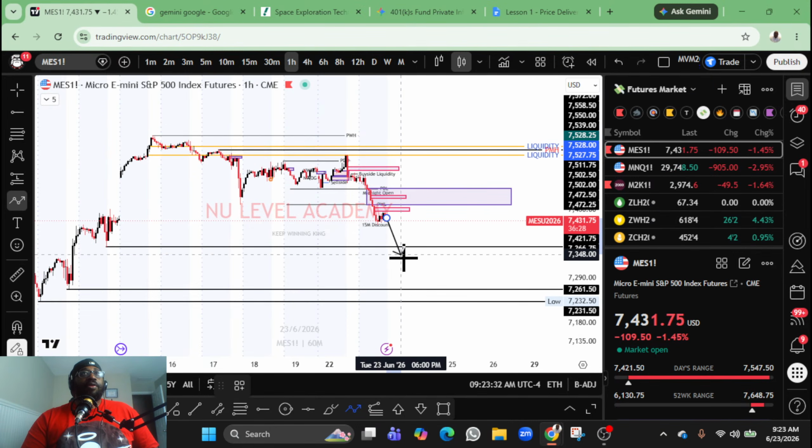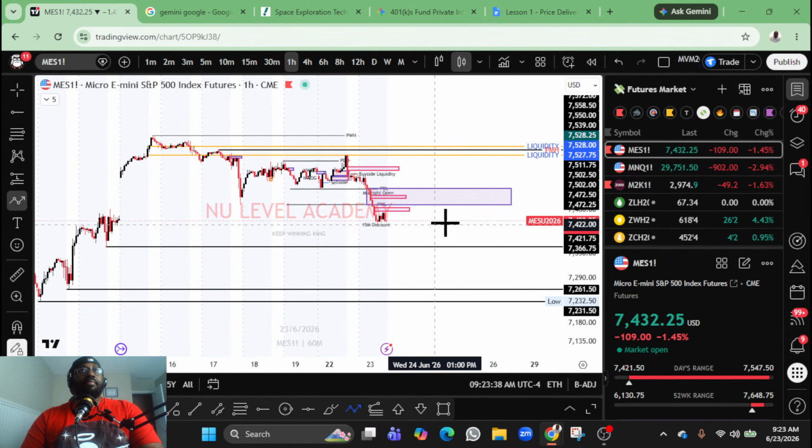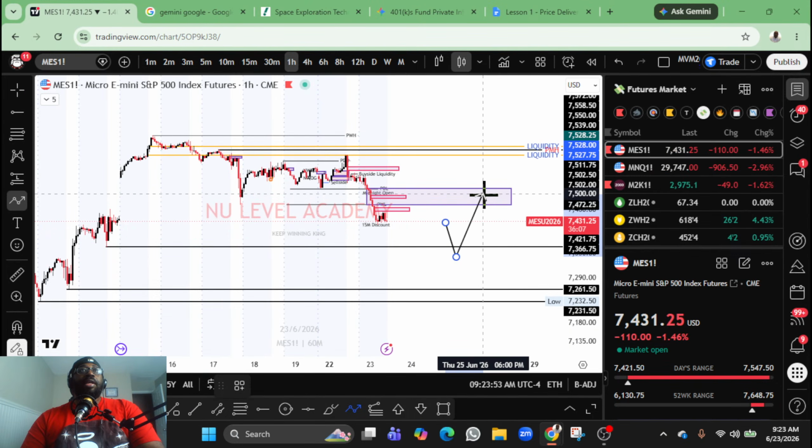Maybe we trade lower here. From where we are, maybe we trade lower, sweep this level of liquidity here, and be able to go back long here to buy side.